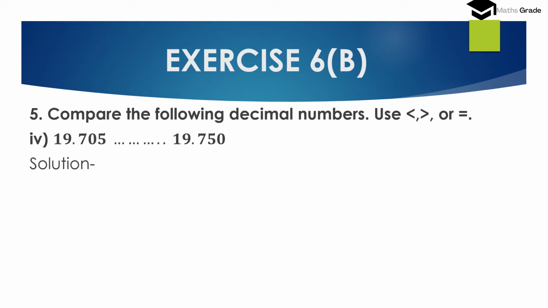Now the fourth part, 19.705 and 19.750. Both have 19 as the whole number. After the decimal point it is 705, and here 750. In the tenths place it is 7, and here also 7.